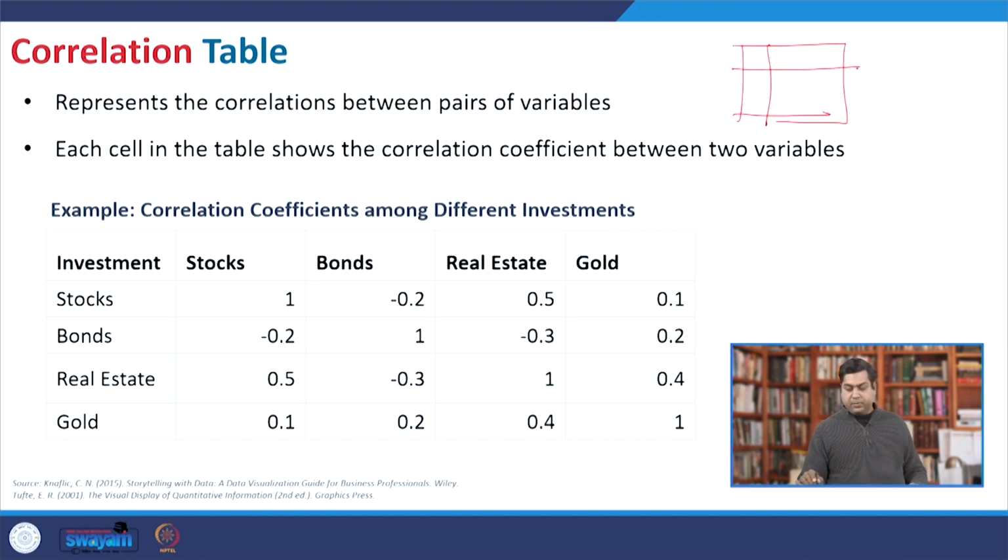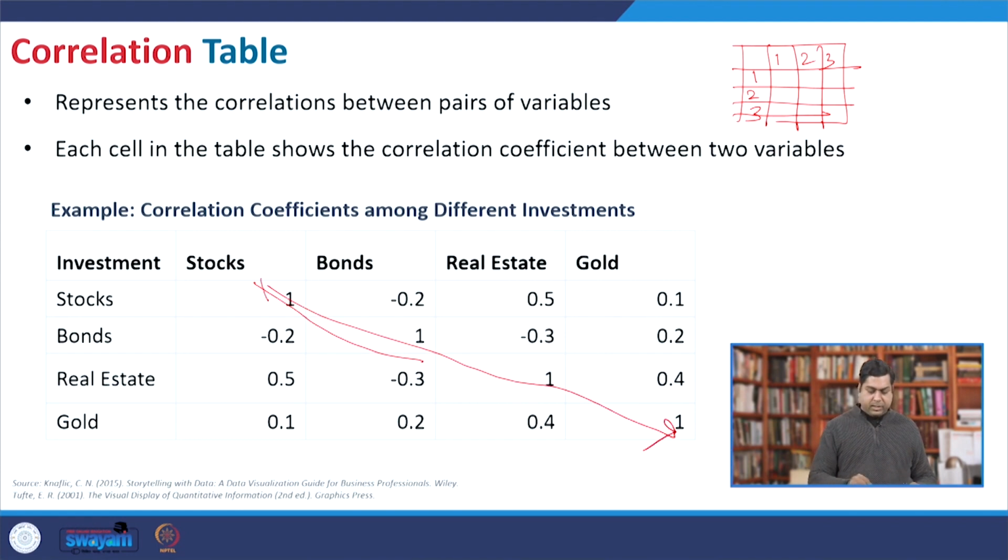So, say for example, if you have 3 data points, so 3 variables, 1, 2, 3 and 1, 2, 3, you have to find the correlation. Normally, as I have mentioned earlier also, diagonally you always get the correlation as 1, stock to stock. This is a correlation coefficient among different investments.